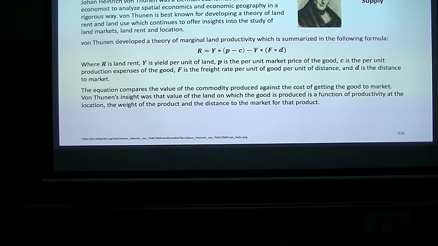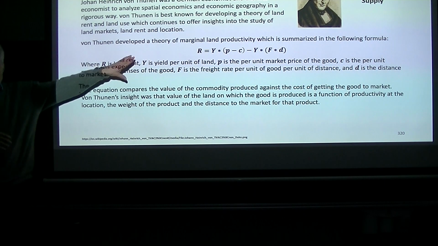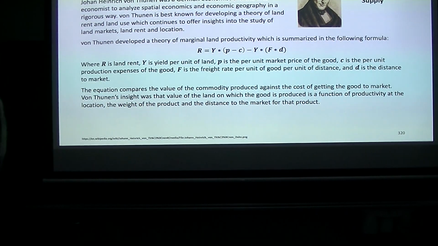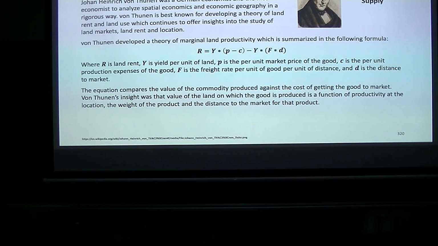around towns, the effect of land uses, and he developed a model. He was one of the early economists who used mathematics in order to develop a mathematically disciplined model of an economy.